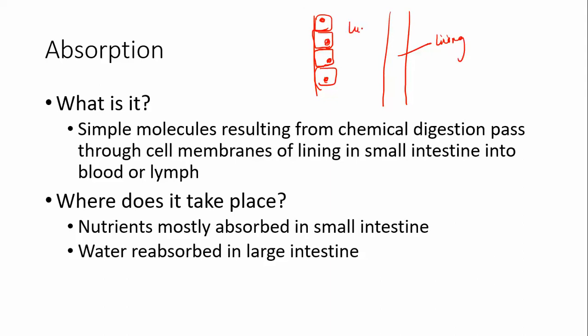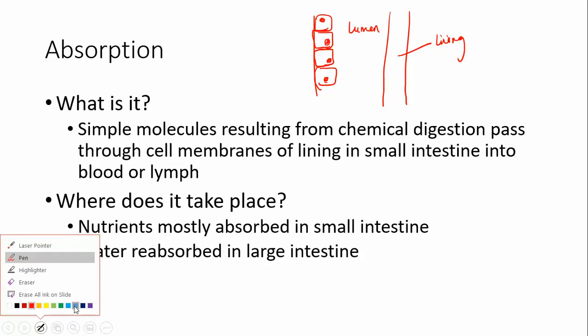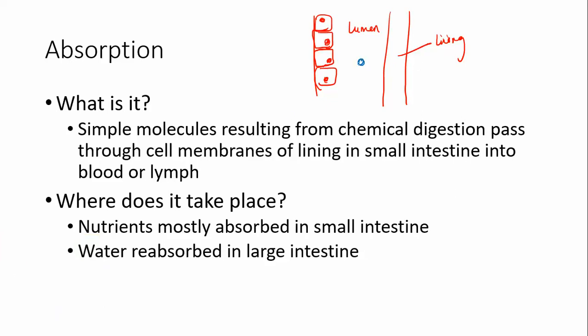Let's say this is the lumen, and let's say that we have a nice blue nutrient of some sort. That actually cannot get in the spaces between cells because they're kind of like welded tightly together. This is going to be a simple epithelium with some really strong junctions in between.